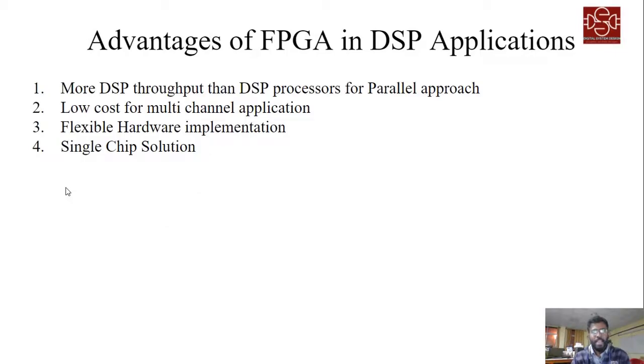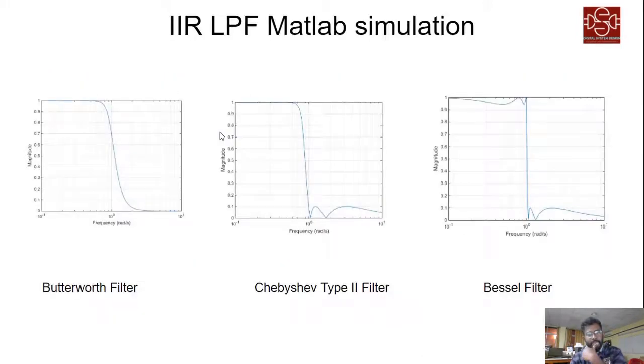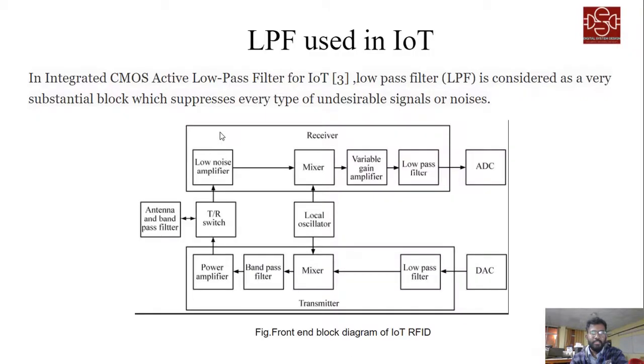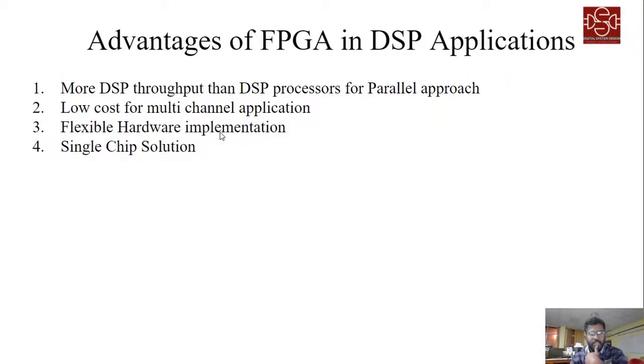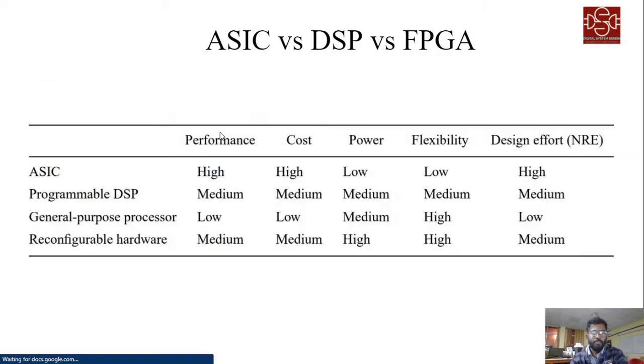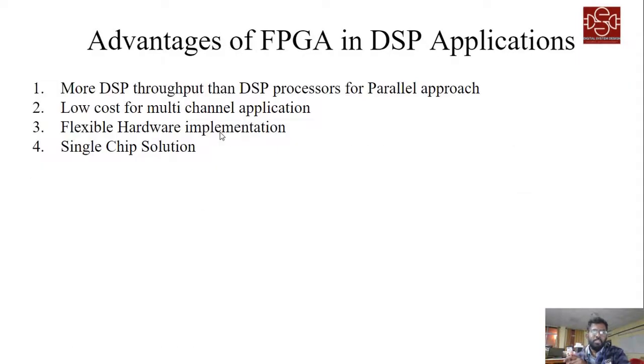What is the advantage of the FPGA in DSP applications? What we have previously seen in DSP applications are FIR and IIR filters, all digital signal processing filters. In this case, the FPGA has more throughput, as it processes in parallel, so its output is more than the DSP processor.